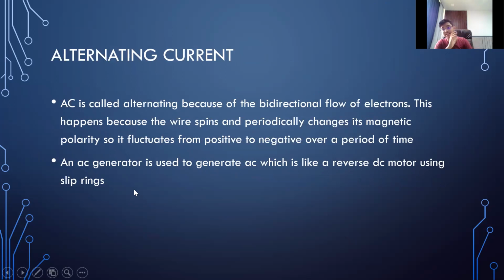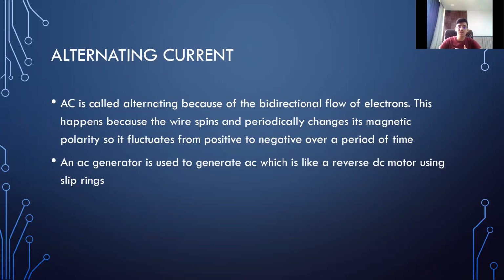So we looked at DC motors. The DC motor uses electricity to turn an axle, and this is the interaction between the magnetic field and the electromagnet of the coil, which generates movement. But in a reverse DC motor, which is an AC generator, you turn the axle yourself.